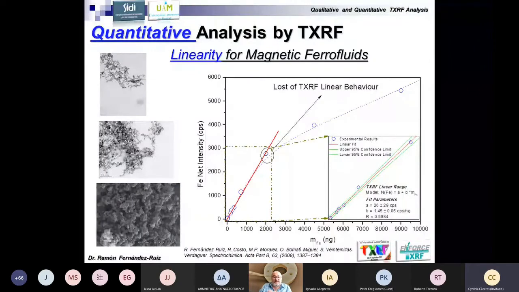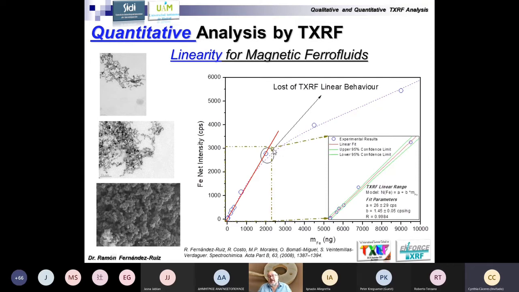Here you have an example where, in this case, the linearity of magnetic nanoparticles was evaluated, evaluating the signal of iron with respect to the mass deposited on the reflector. And you can see that from 0 to around 2.5 micrograms, that is this region, the behavior is really linear.